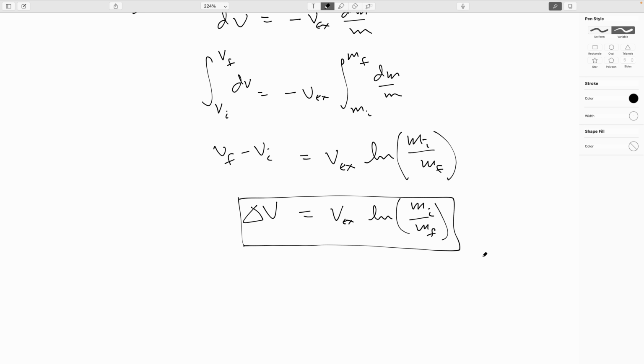And also for staging, because I've mentioned this before in passing, but when you are operating near the surface of the Earth, there's air around you. That changes V exhaust. As you get into space, there's no air around you, so you'll have a different V exhaust.